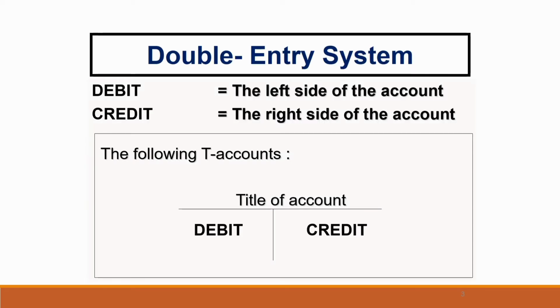Double entry system. The left side of the account we call debit, and the right side of the account we call credit. Okay, this is the title of the account, and this is the left side of the account, and this is the right side of the account.